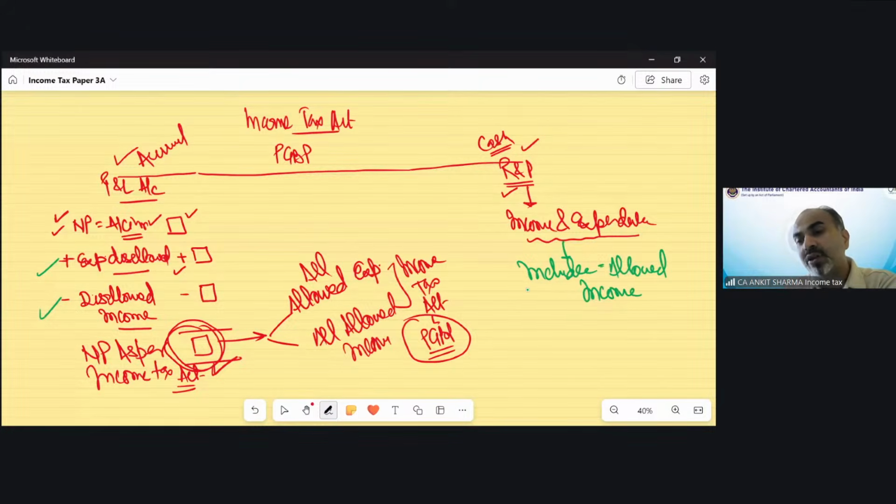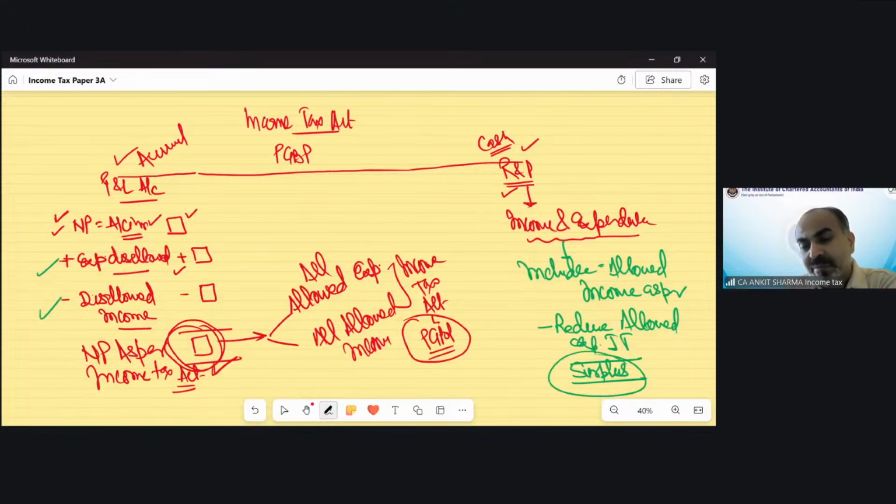So include only those incomes that are allowed as per income tax provision, and only reduce those expenses, allowed expenses as per income tax. So whatever answer we have as a surplus, can you tell me this surplus is actually the result of what? Allowed income as per income tax and allowed expenditure as per income tax.